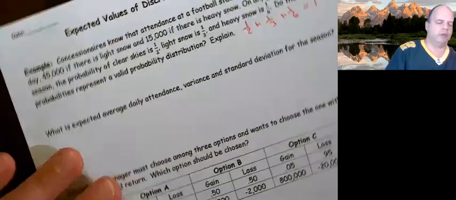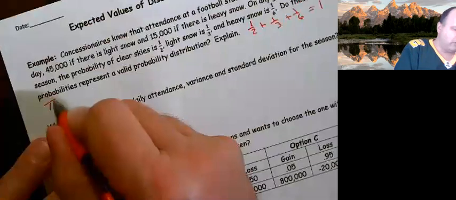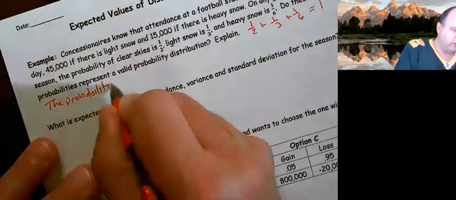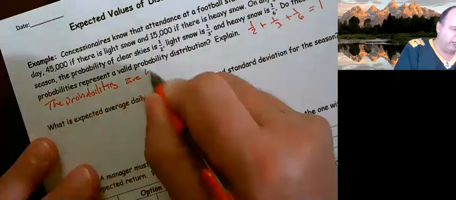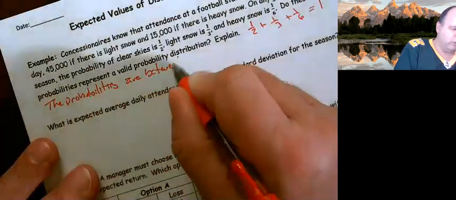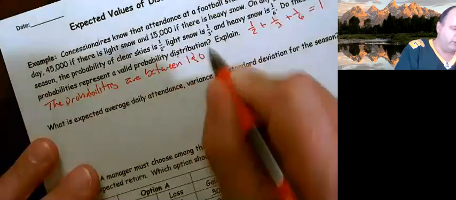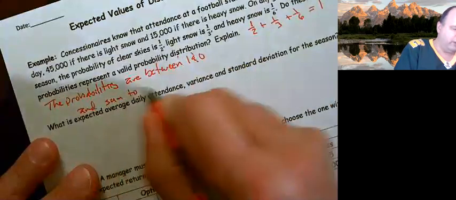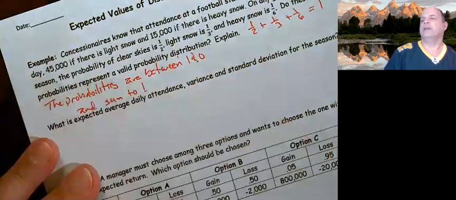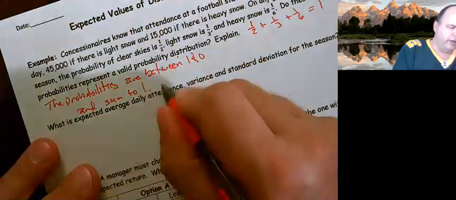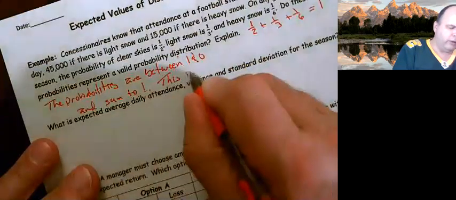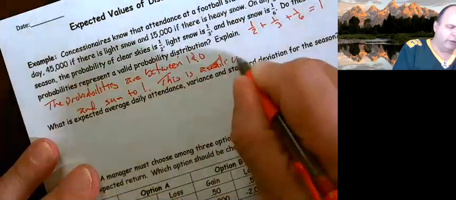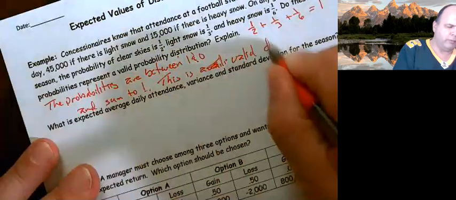So in this case, the probabilities are between 0 and 1 and sum to 1. This is a valid distribution.